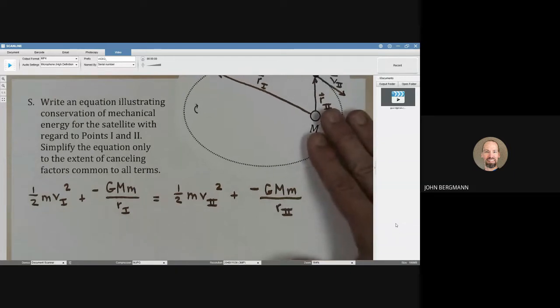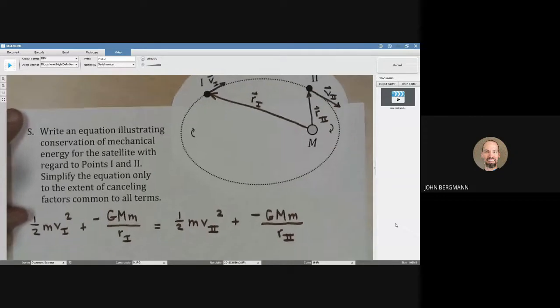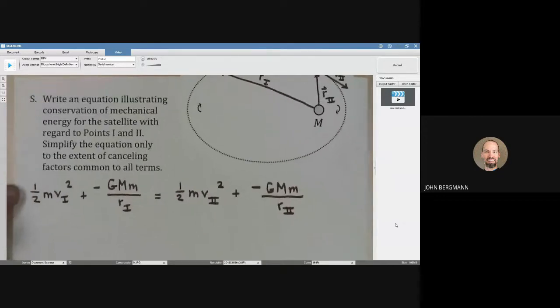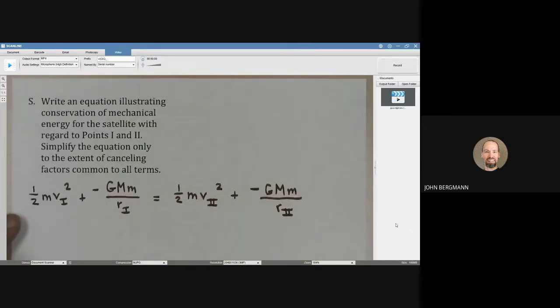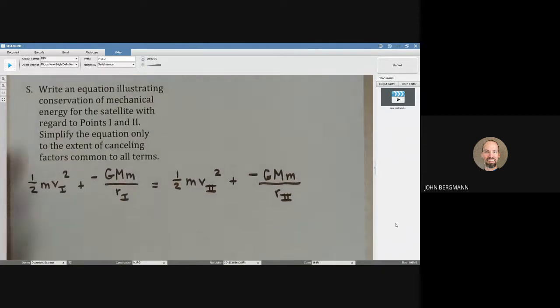We can see that the common term that we have here is little m, and that's it. Why don't we simplify this as much as we can, and we'll just cancel out little m, and then we'll leave it at that.